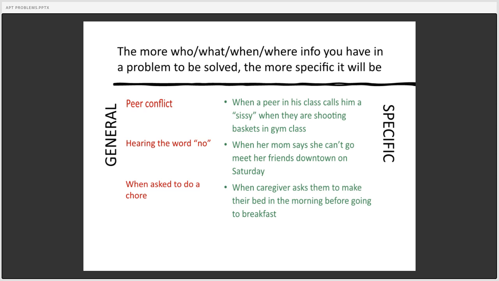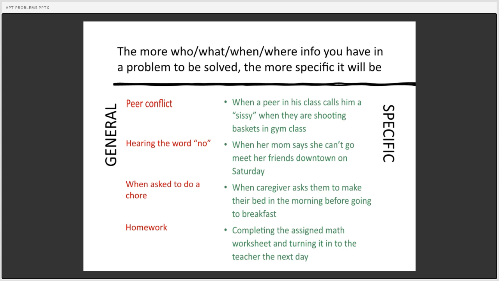And we have the who, we have the what, and we have the when in that situation. Homework, really general. Completing the assigned math worksheet and turning it into the teacher the next day. So completing the assigned math worksheet is the what. That's the what is being asked of them, right?